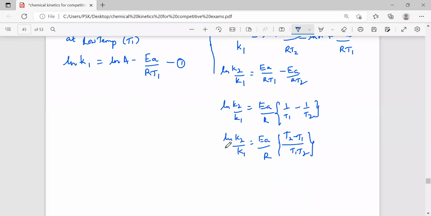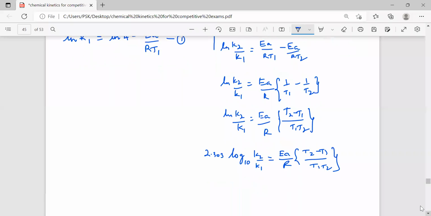How do you convert natural log to the base 10? The conversion factor is 2.303. When you multiply this factor by 2.303, natural log gets converted to log to the base 10. See, this is ln, this is natural log. Here I'm writing log, log to the base 10. So it will be K2 by K1 equal to EA by R, T2 minus T1 divided by T1, T2.